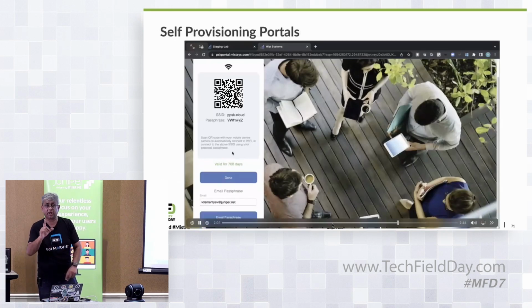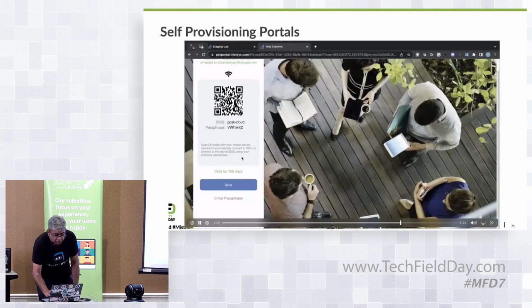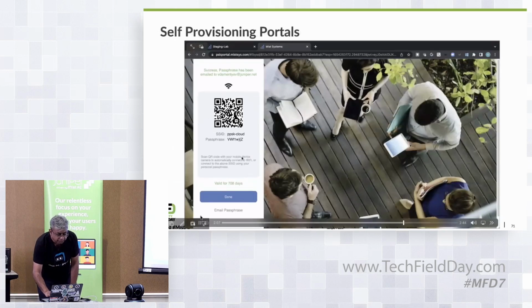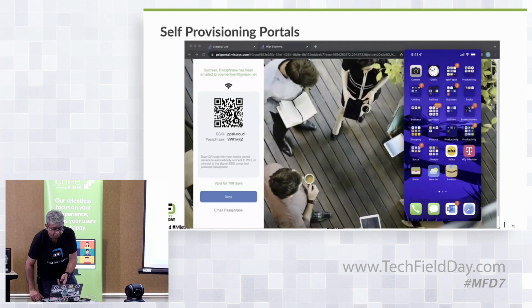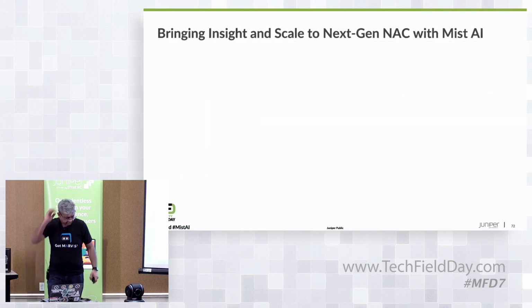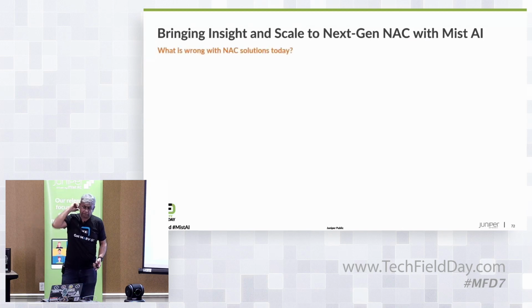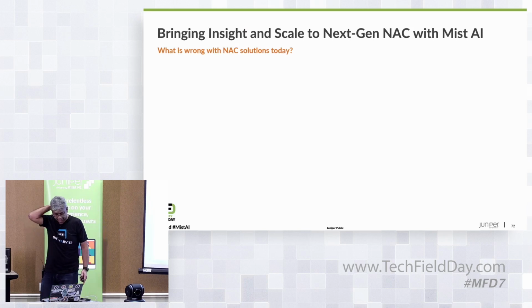In the interest of time, I'm just going to skip this particular demo and move on to the last bastion that we are yet to conquer. So we have talked about guest, we have talked about IoT, we have talked about BYOD. So really the last thing to tackle is what do we do for corporate users, right?